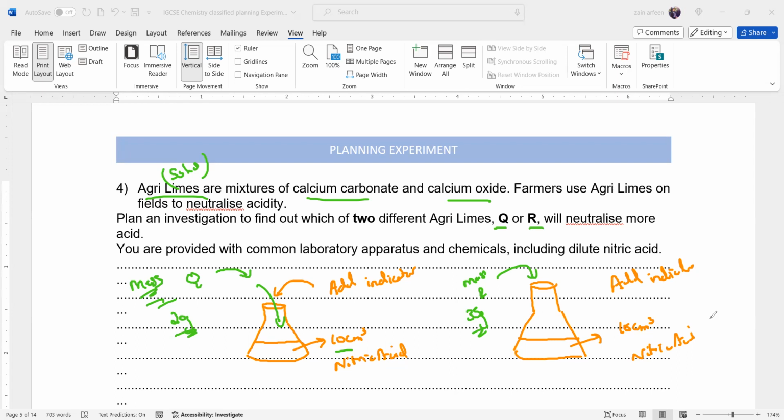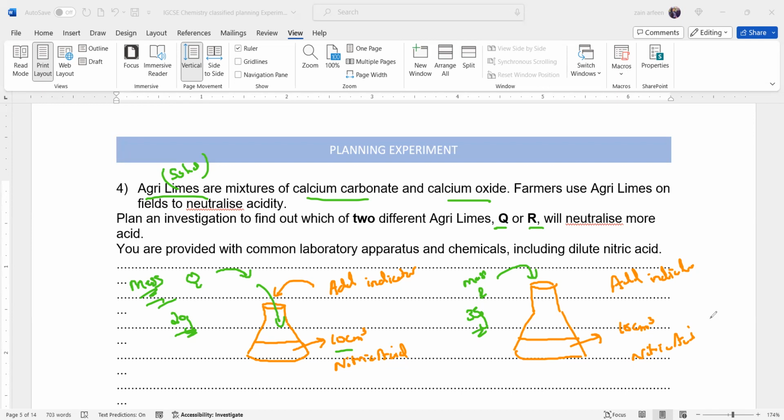So this is one way of doing the experiment, or it can be done the other way around. In a conical flask, first you take equal masses of the two Agri Limes, Agri Lime Q and Agri Lime R, add drops of indicator and add acid from the burette until the indicator shows a color change.